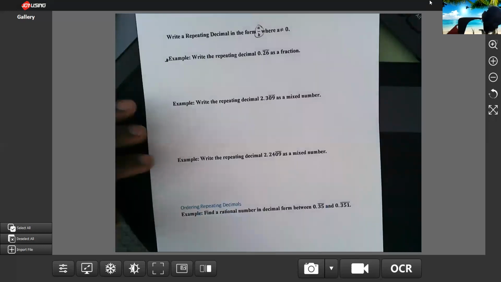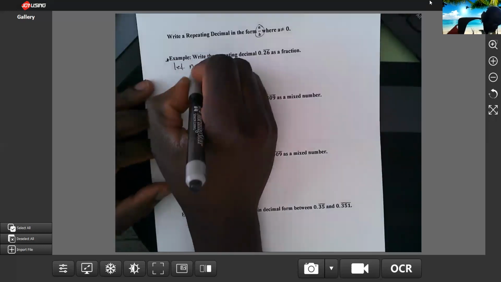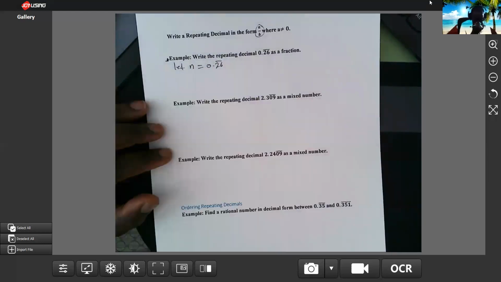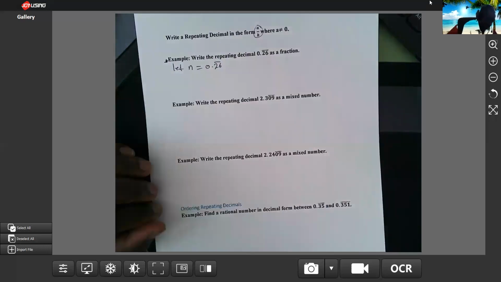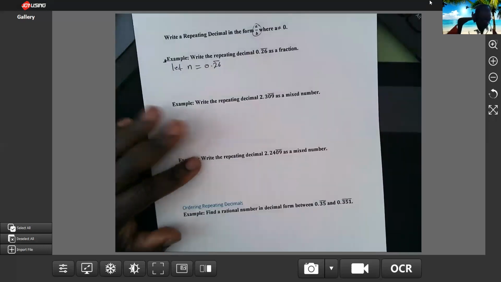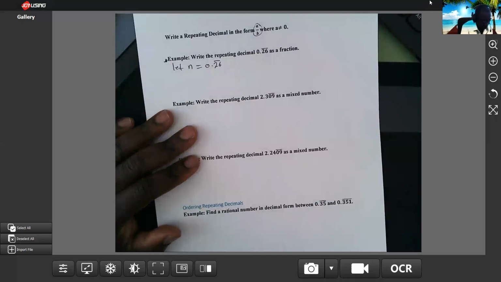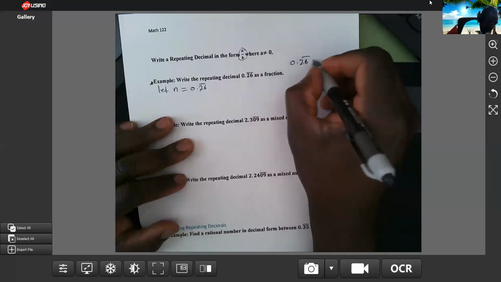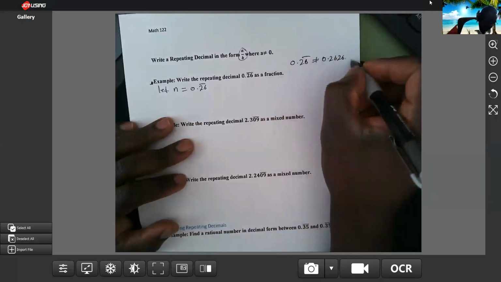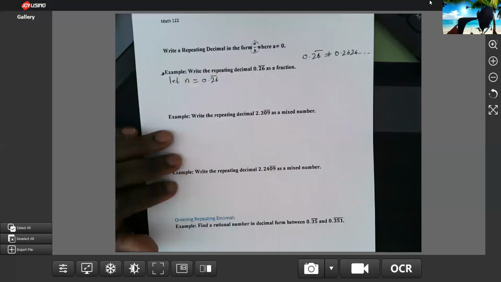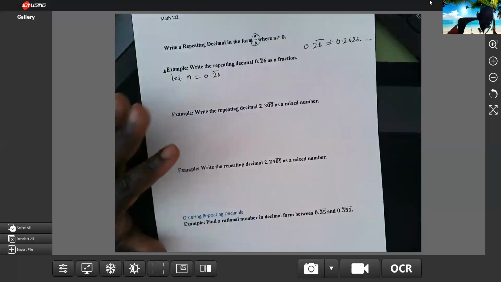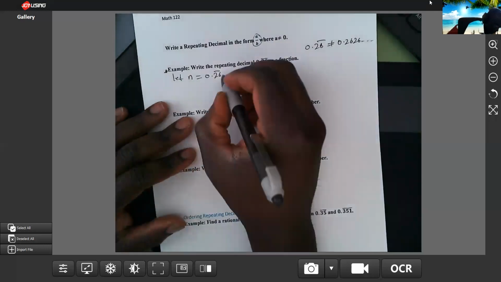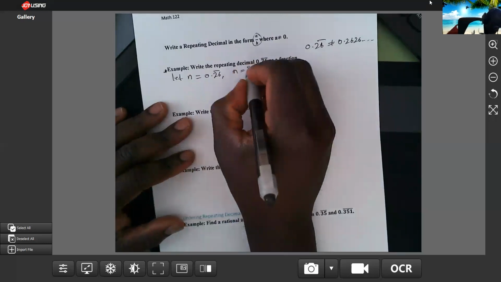First, the algorithm: you let n or x equal your given number. The reason is that 0.26 repeating is not equal to 0.2626 because this keeps going. So first you let that rational number be n, of the form a over b.